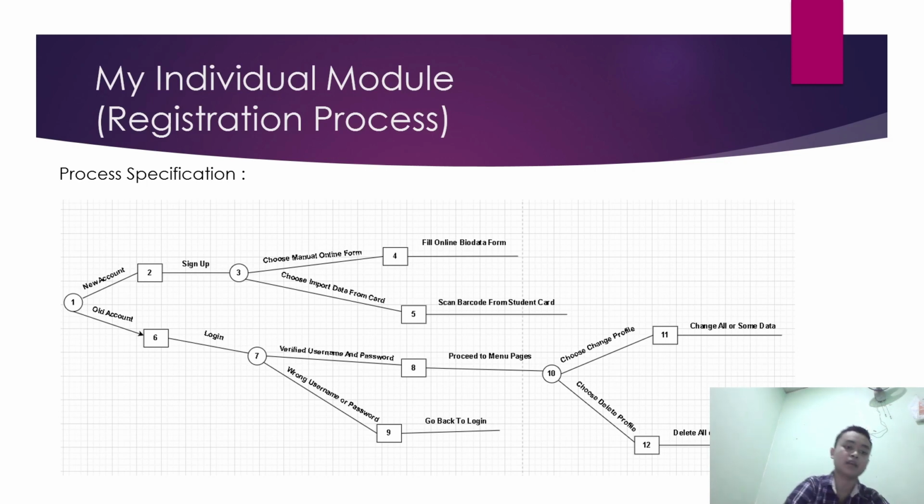For example, if the user is new, they must sign up. If the user already has an account, they can log in. So there is a different scenario for every branch. That's why I chose a decision tree rather than other techniques.